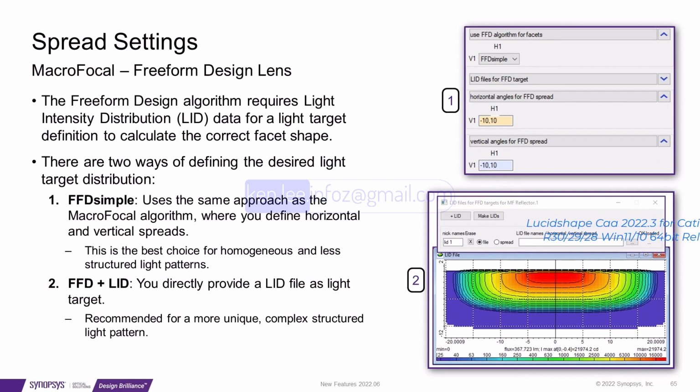This is the best choice for a homogeneous and less structured light pattern. FFD plus LID: here you directly provide a LID file as a light target. This is recommended for a more unique, complex structured light pattern.